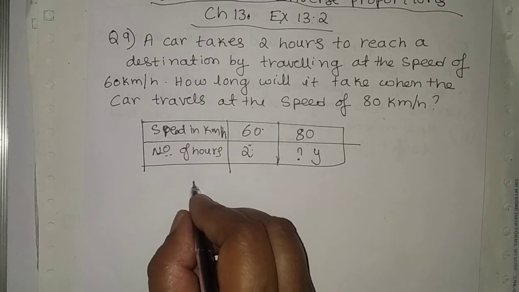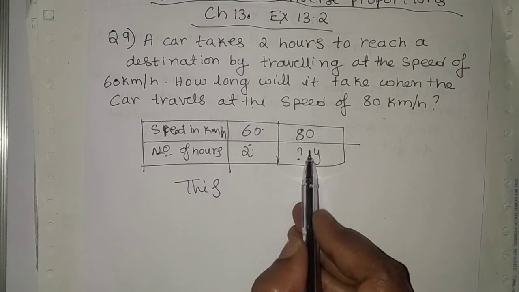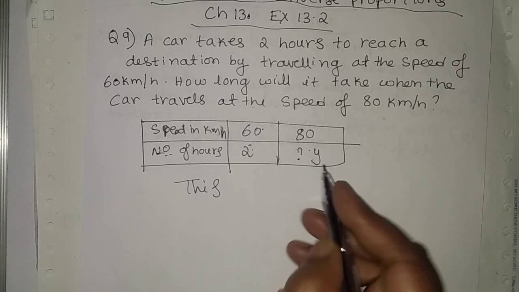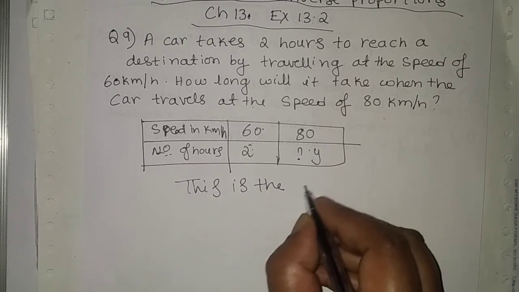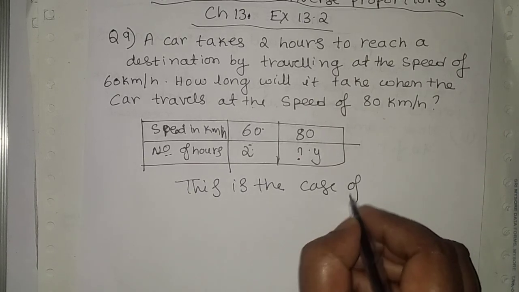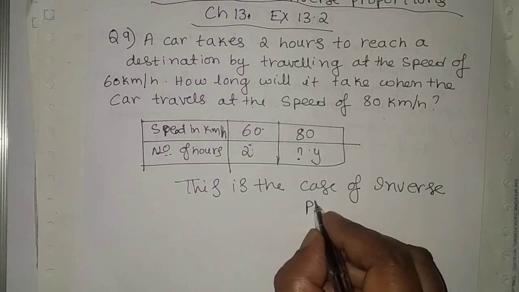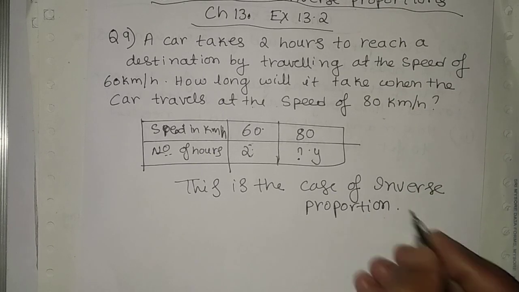This is also a case of inverse proportion, because as this increases, this decreases. As the speed increases, the number of hours required will decrease. This is the case of inverse proportion.